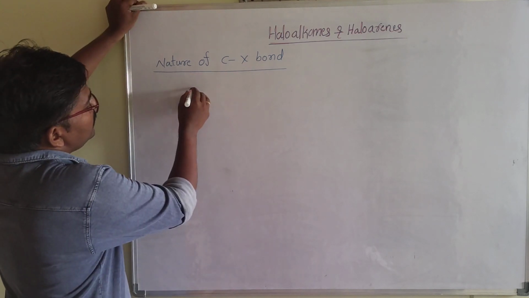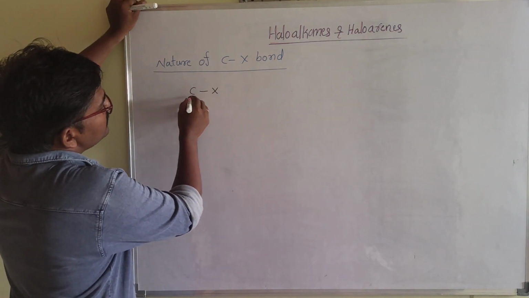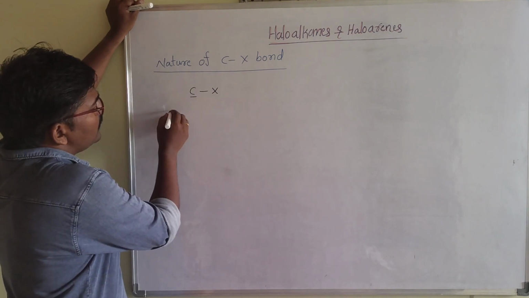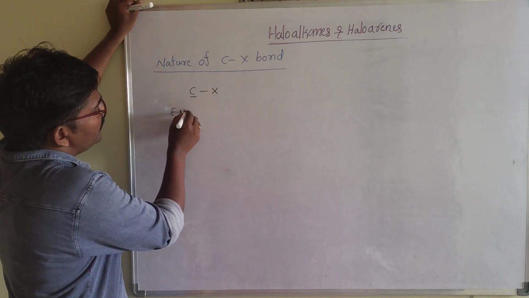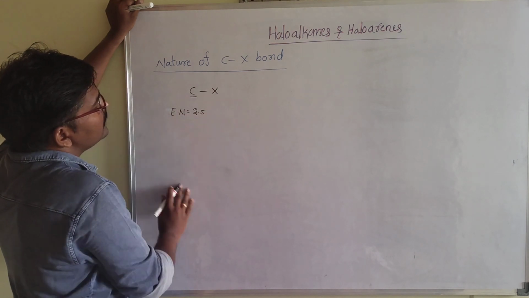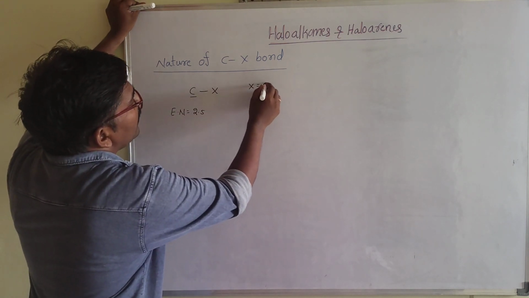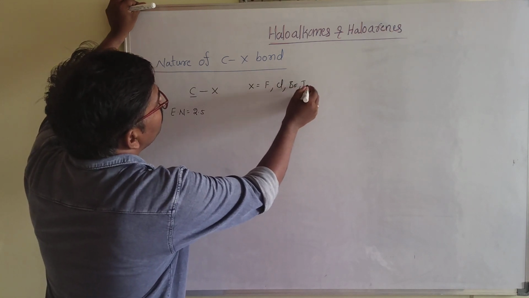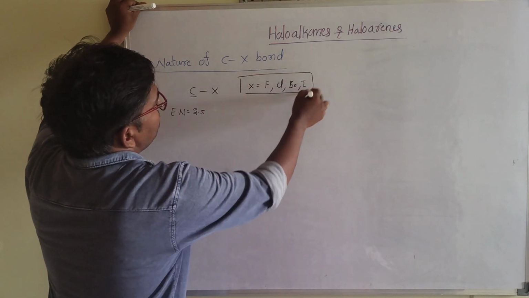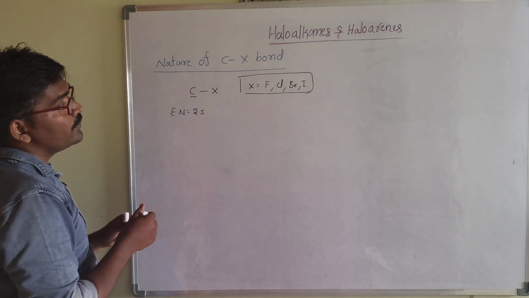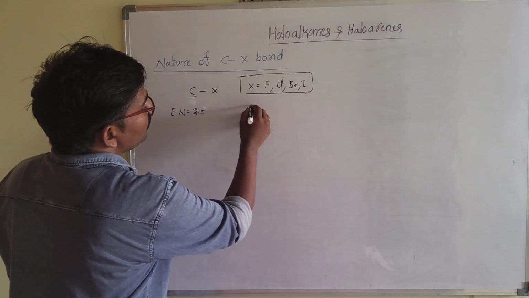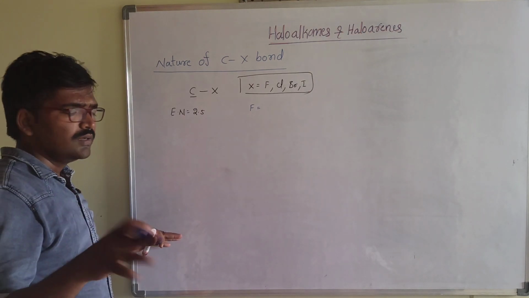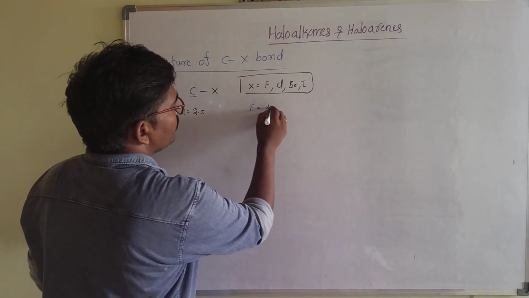Sir, C and X. Carbon electronegativity value is 2.5. If you take halogens, either fluorine, chlorine, bromine or iodine will be there. Fluorine electronegativity value, we know, is the highest in the periodic table, so that is 4.